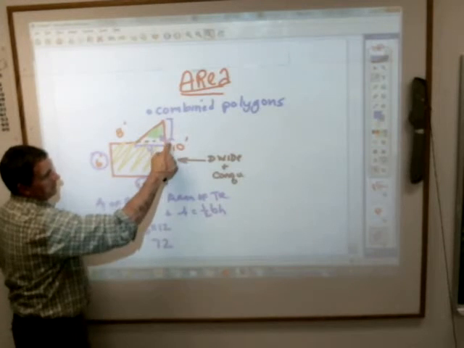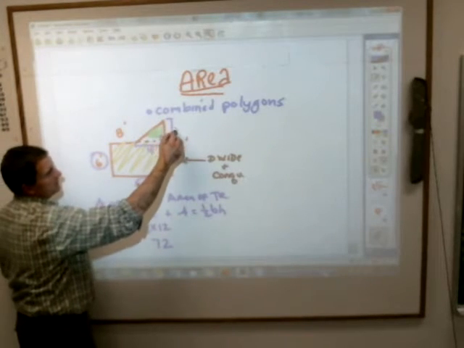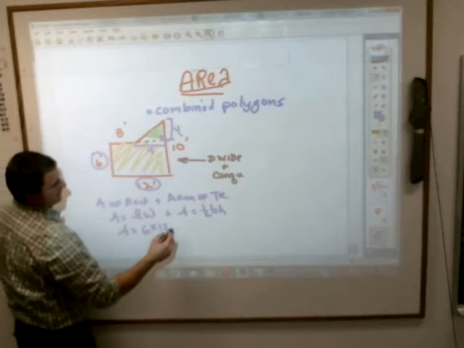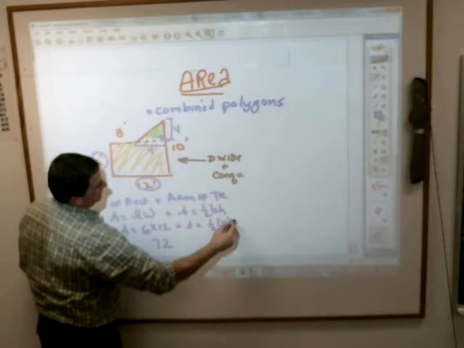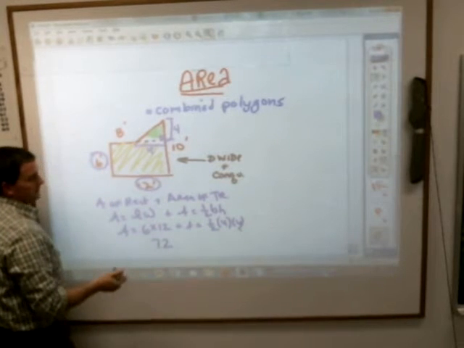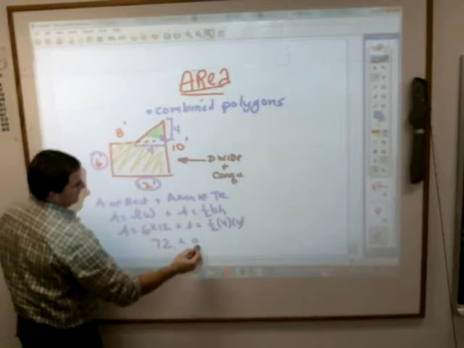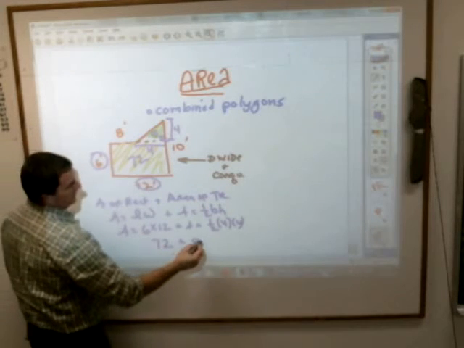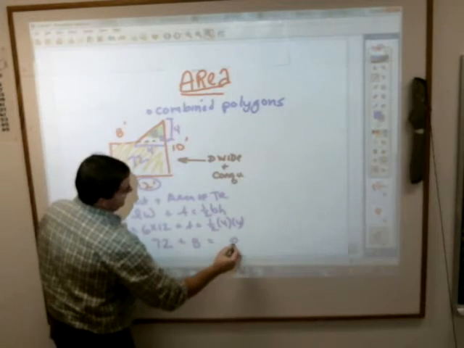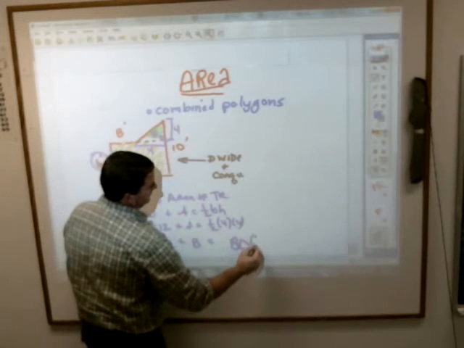It's 6 from here to here, so 6 plus what number is 10? That's 4. So my triangle is 1/2 of 4 times 4. And what is half of 16? 8. So this is 72. This was 8. Adding them together, I get 80 feet squared.